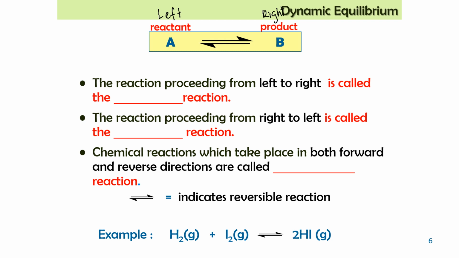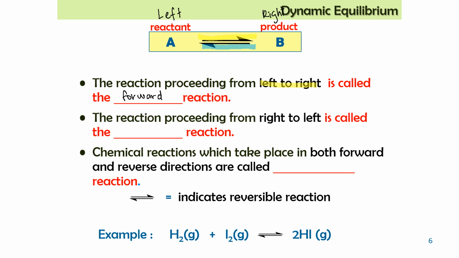Okay, so if the reaction proceed from left to right, we call it as forward reaction. Okay, so means this is the forward reaction from A menghasilkan B. And then let's have a look if you have from right to left. Maksudnya produk menghasilkan reactant kembali.